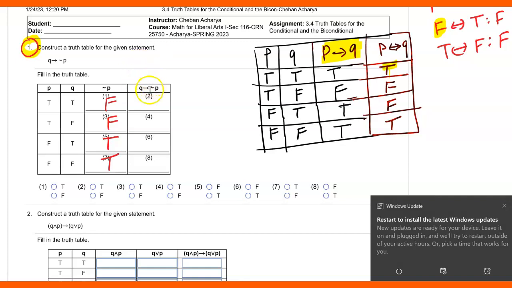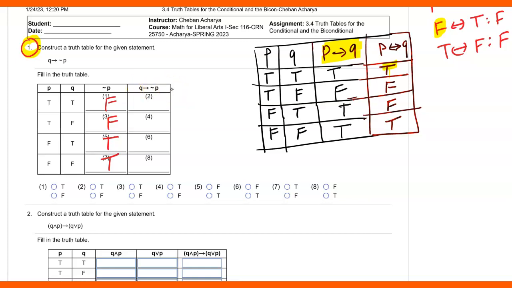Now if you look at Q right arrow not P, we look at these two columns. One more time, look at the Q column, which is the if part, and the not P column, which is the then part. Therefore basically we are doing T right arrow F. Remember that T right arrow F is F, so this is going to be false.